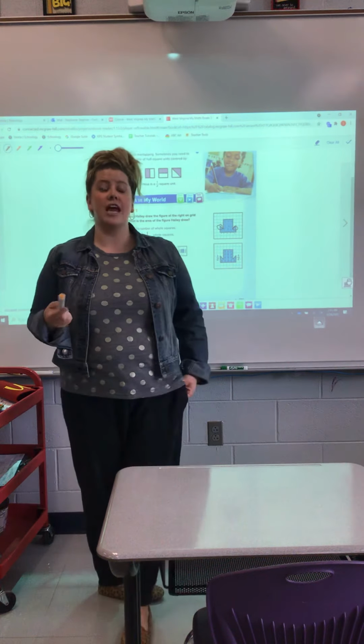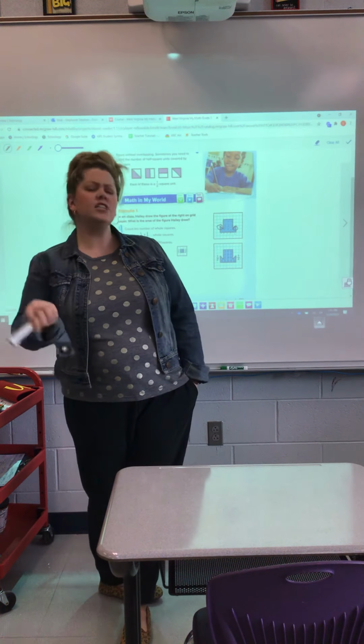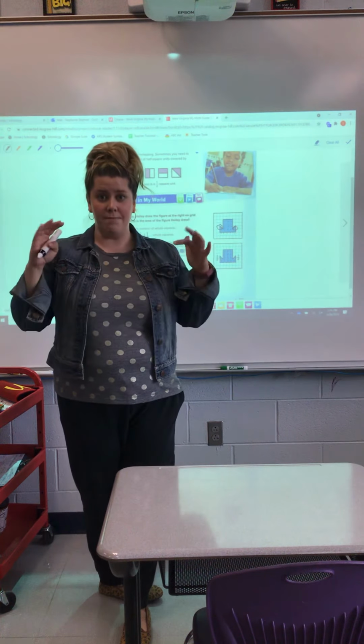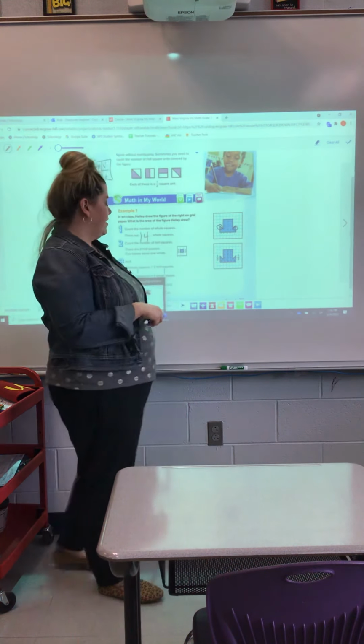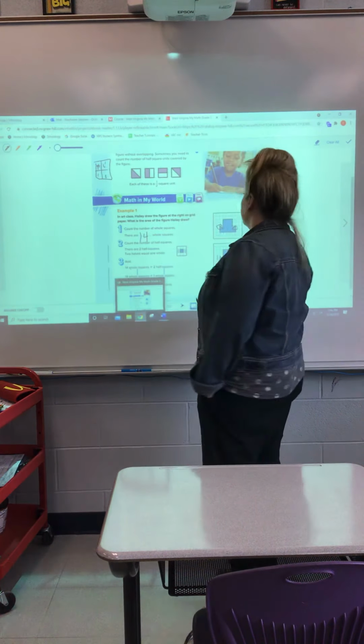Remember we talked yesterday that square units are the type of measurement. Instead of saying inches or feet, square units tells me the inside of a shape. All right, hopefully that made sense, but let's try another. Let's practice some more.